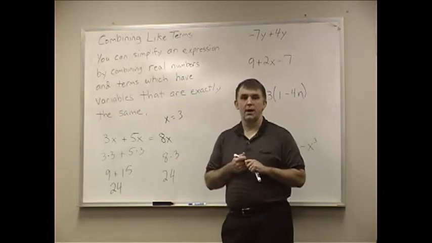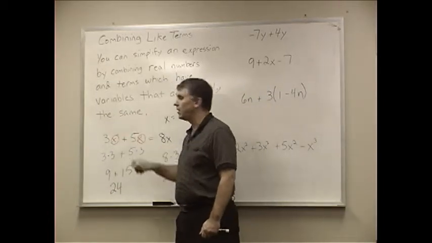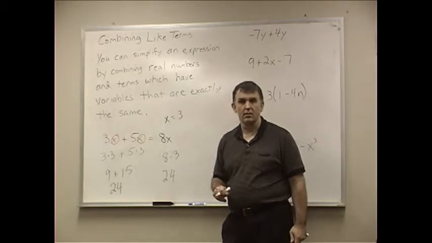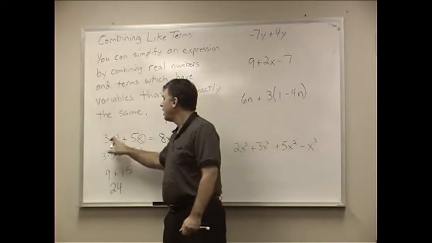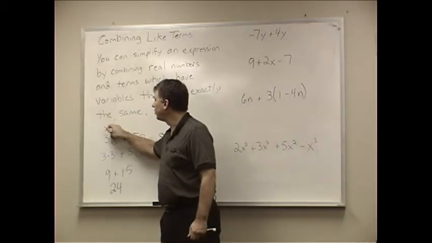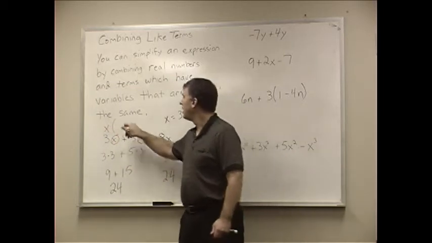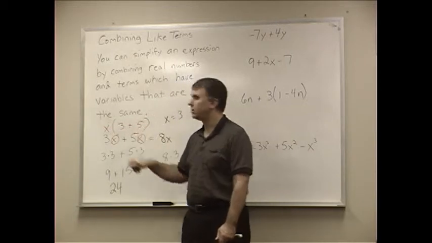Something else some of you may notice is that there is an x in both of those, isn't there? We just learned about distributive property. If x got multiplied times both of them, x could be in the front, and this could have been 3 plus 5.